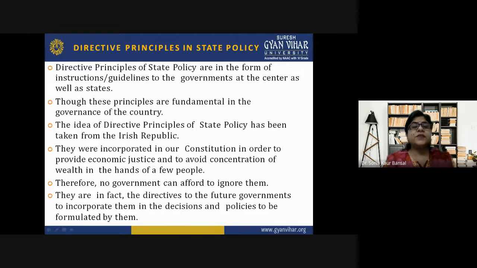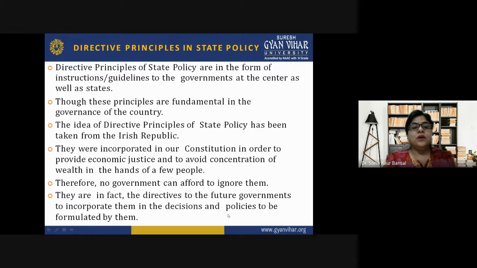Though these principles are fundamental in the governance of the country, the idea of directive principles of state policy has been taken from the Irish Republic. All of you must remember that it has been taken from the Irish Republic.